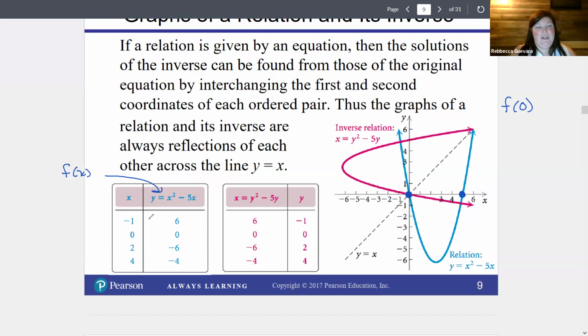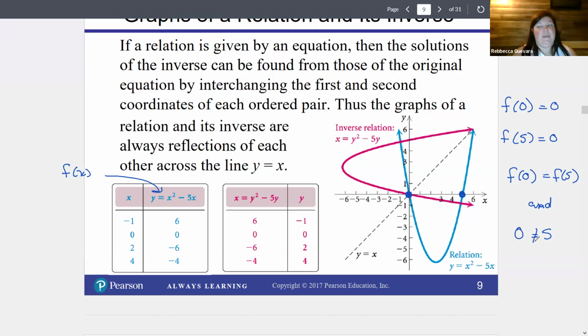Now, if I put 0 in there, 0 comes out. But we also see over here that f of 5 also produces 0. That means it's not one-to-one because f of 0 equals f of 5, and 0 and 5 are not the same.